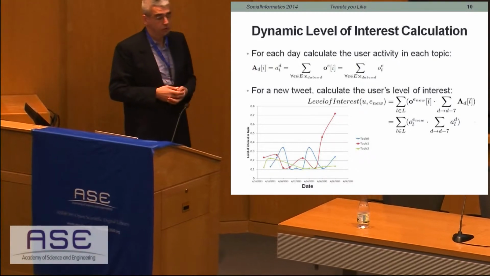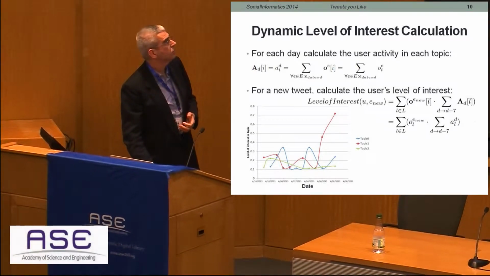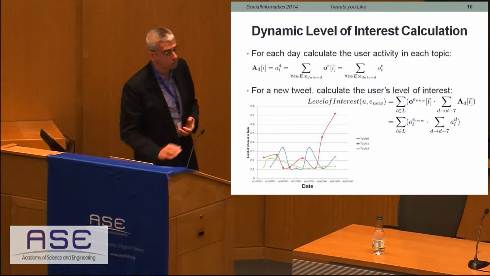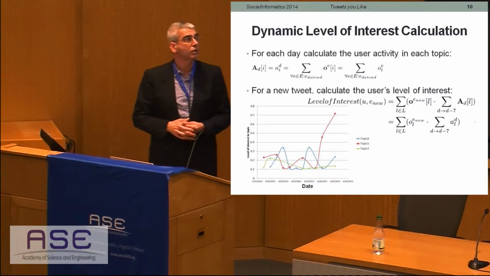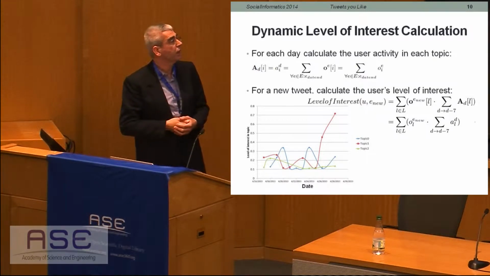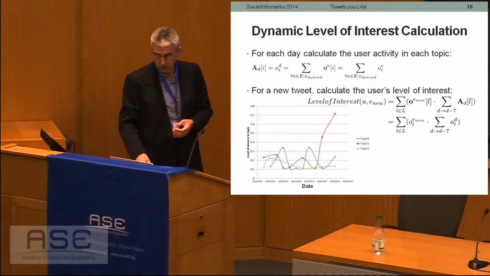But just to illustrate, in this diagram you actually have 3 topics, and some of the topics gradually decline over time. Some topics seem to be more periodic, and some topics grow and become more and more interesting to users. So obviously we have some one-time events or topics, or some periodic events, let's say a football game, or some topics that occur once or twice a year, let's say the holiday season.